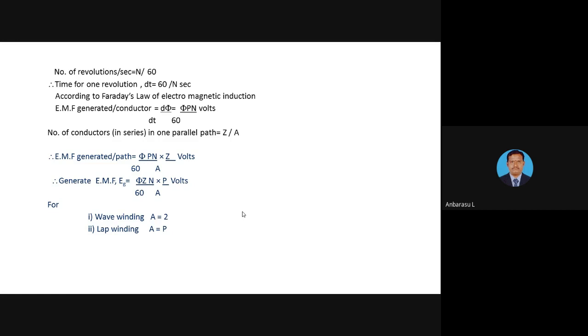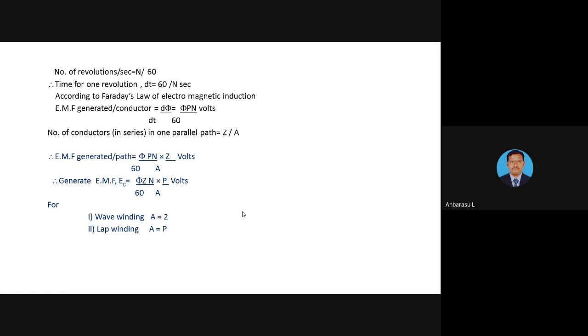But we have to consider the number of conductors in one parallel path, so we multiply by Z by A conductors. So the EMF generated per path equals phi P N Z by 60 A volts. This is the general EMF equation of a DC generator.